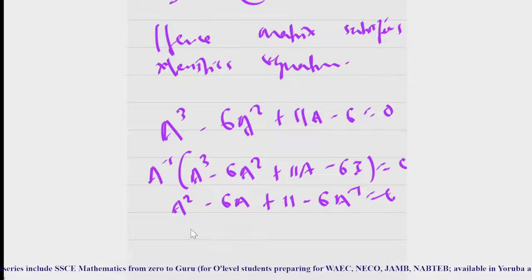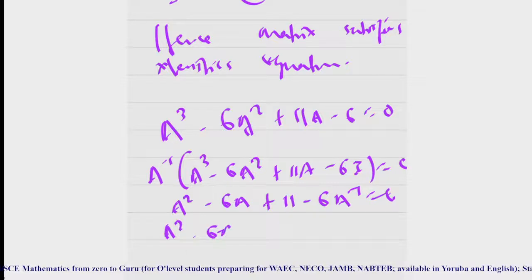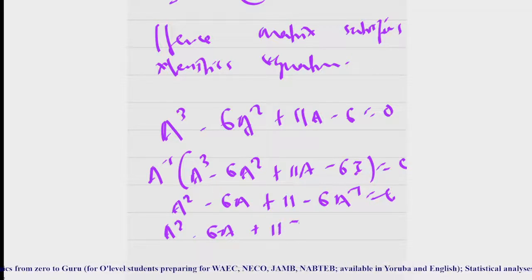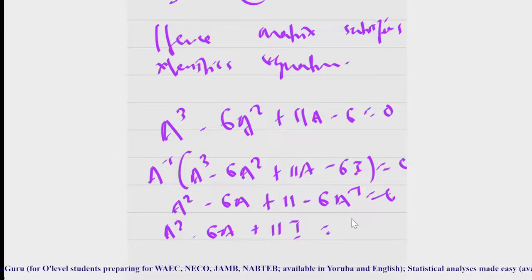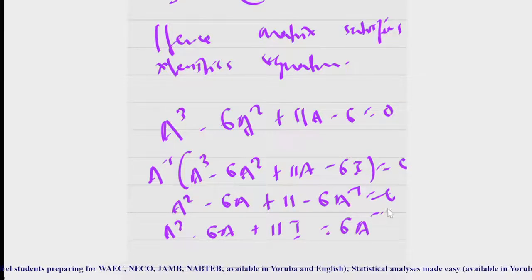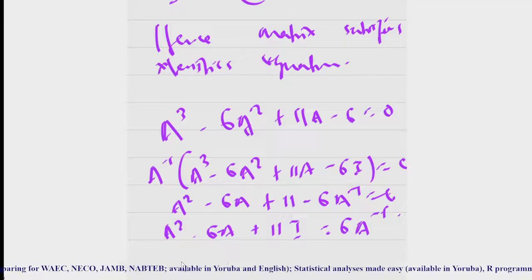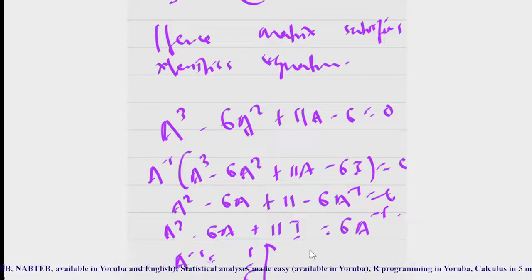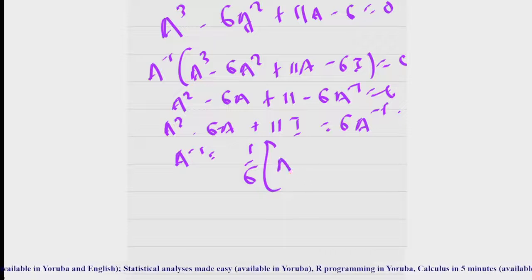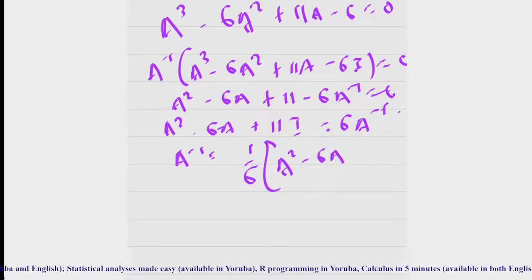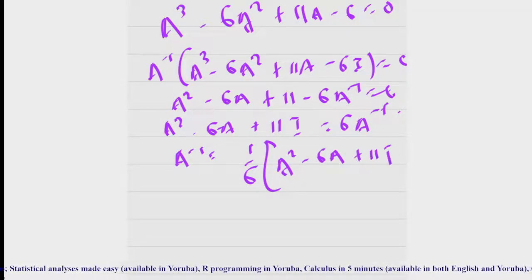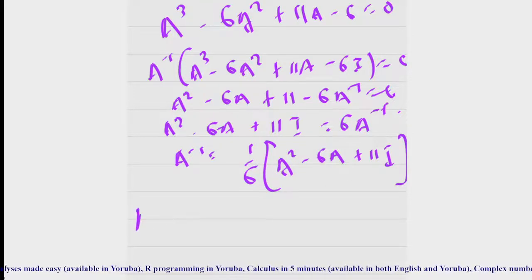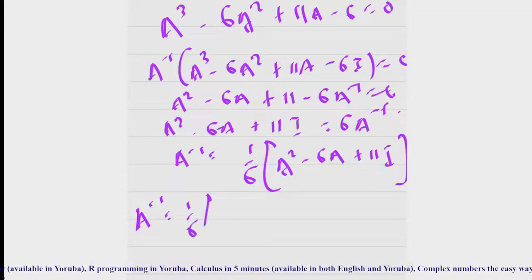So then you can have your A squared minus 6A plus 11I, which is equal to 6A inverse, right? So then your A inverse is going to give me 1 divided by 6 into A squared minus 6A plus 11I.